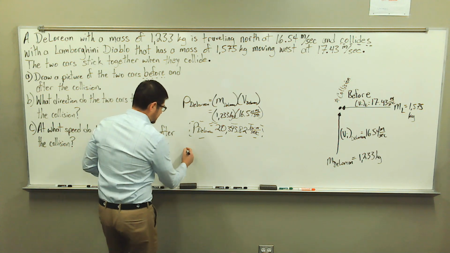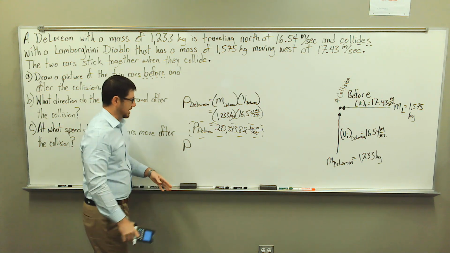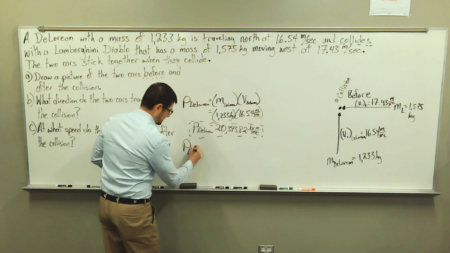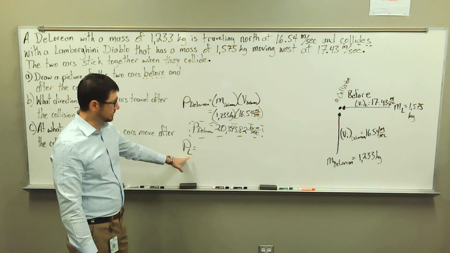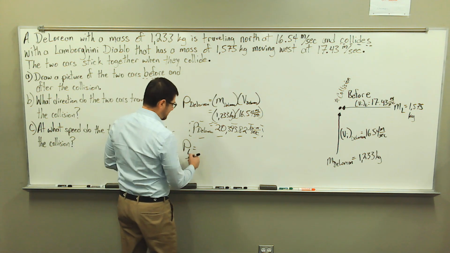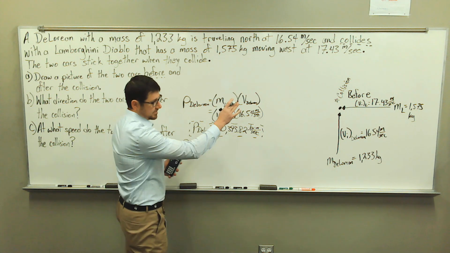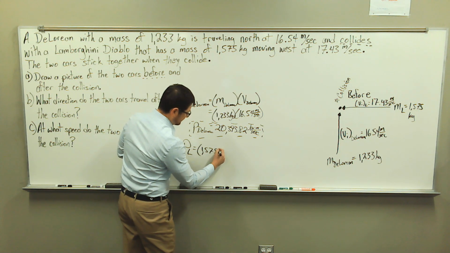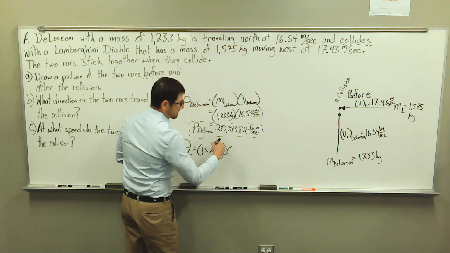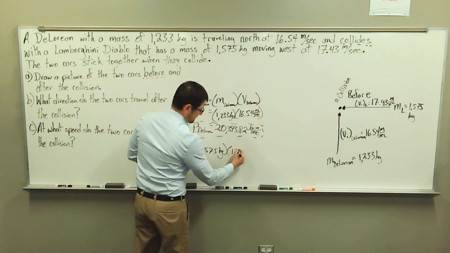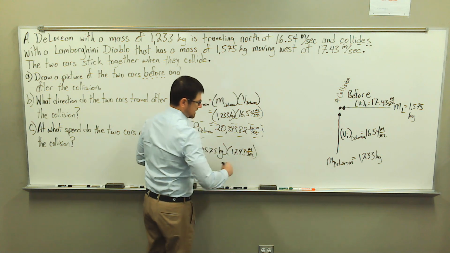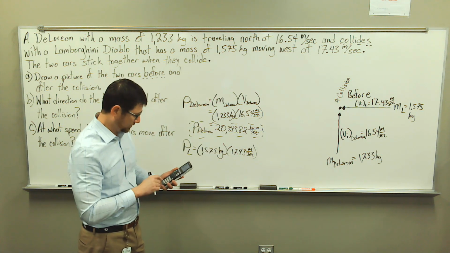Remember that momentum is identified by lowercase p. My subscript of L represents the Lamborghini. We have mass times velocity. The mass is 1,575 kilograms. The velocity is 17.43 meters per second, and you can see that the vector is pointing west.